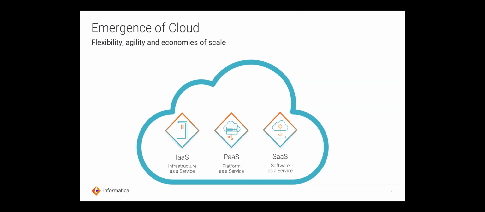That accelerated a lot of new use cases, whether it is digital transformation, advanced analytics, predictive analytics, prescriptive analytics, and now AI and Gen AI. All this has been possible because of the flexibility, agility, and economics of what cloud provided, whether you are using infrastructure as a service, platform as a service, or software as a service.